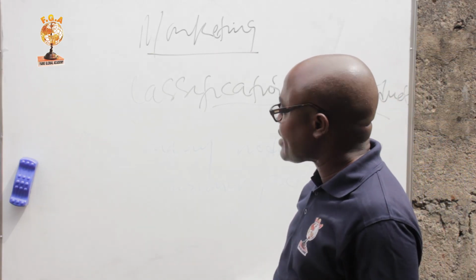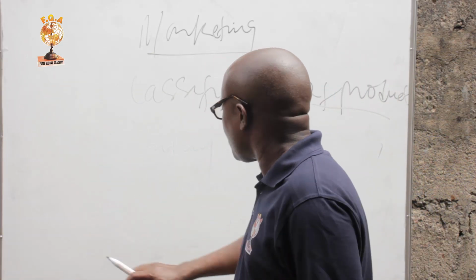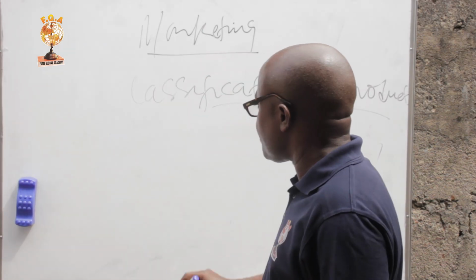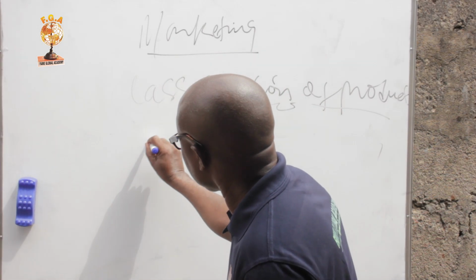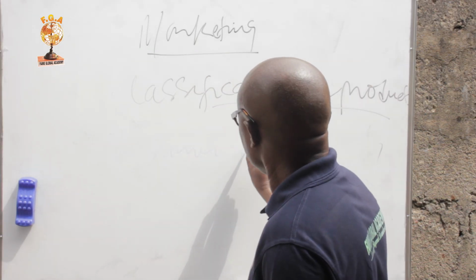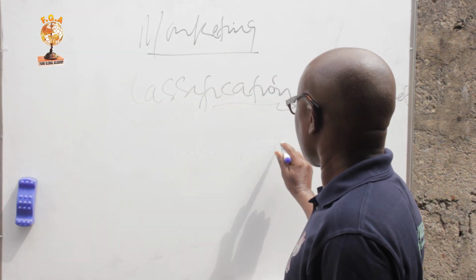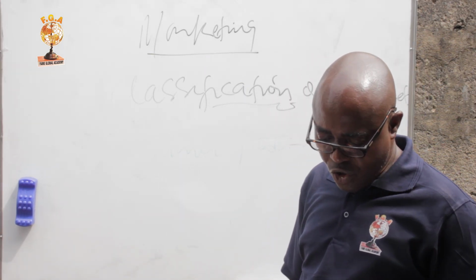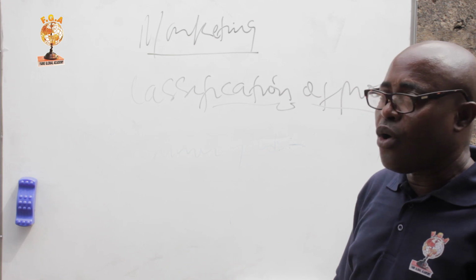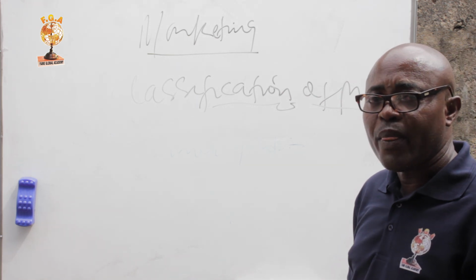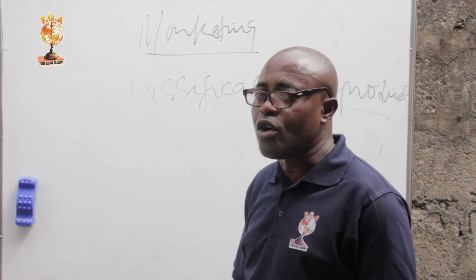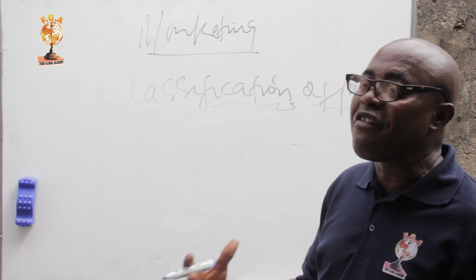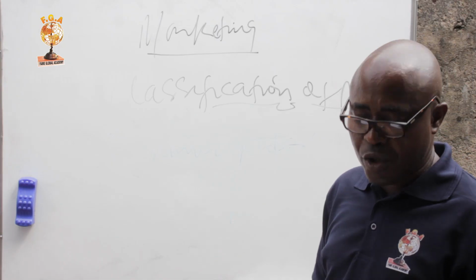Now we want to classify these consumer goods into other forms. These consumer goods can also be classified into other goods, such as the one we call convenience goods, or convenient products.